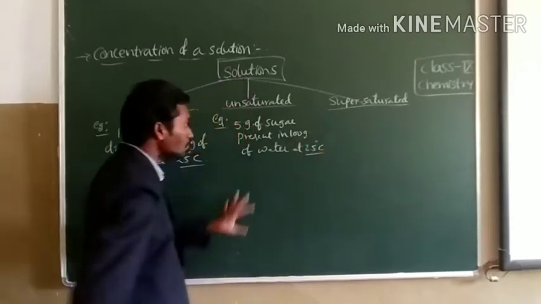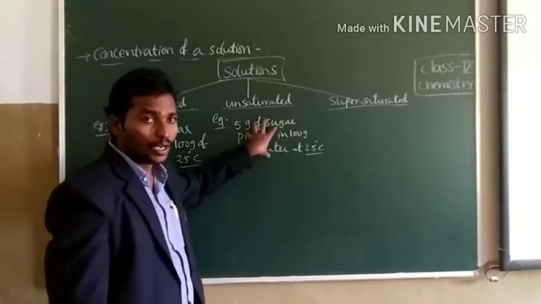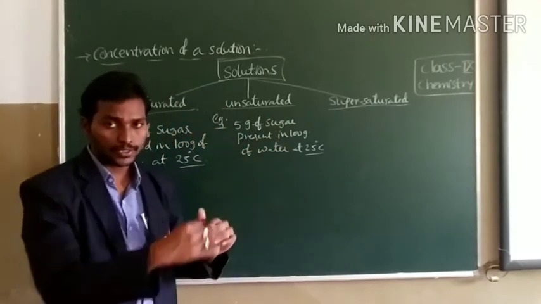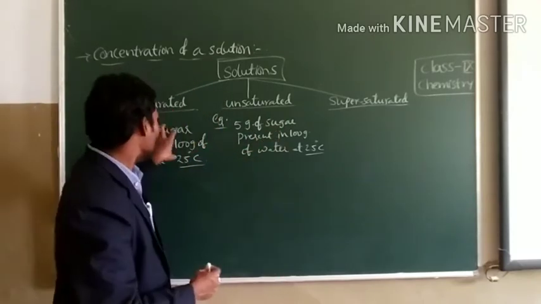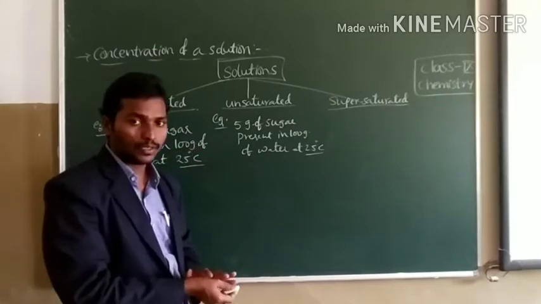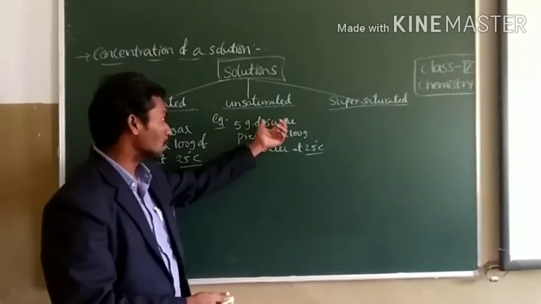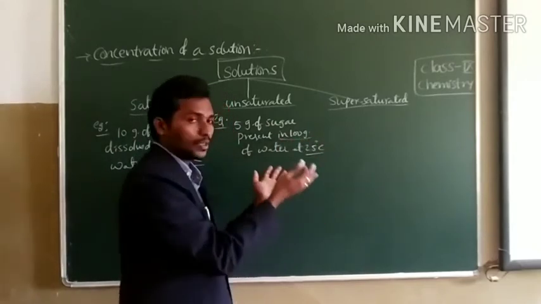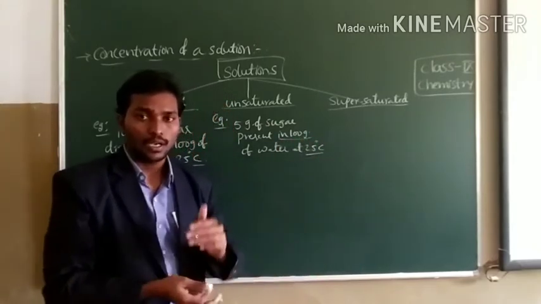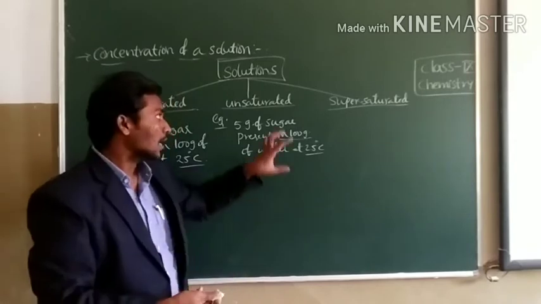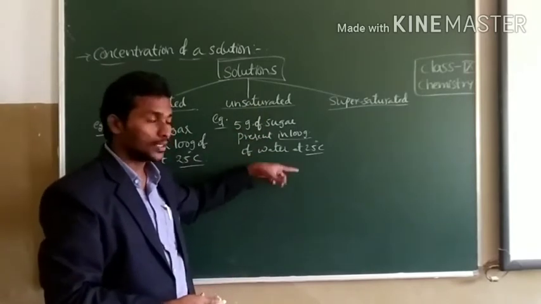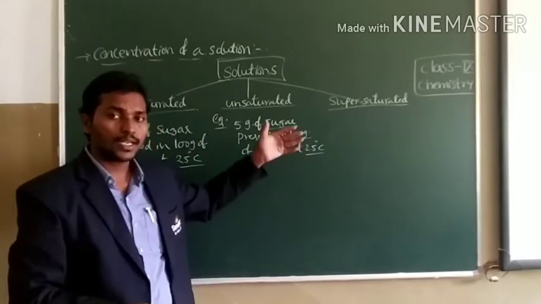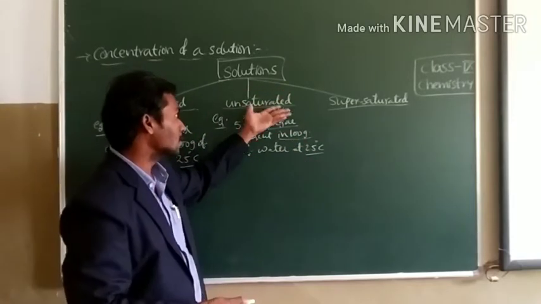This is an example of an unsaturated solution because we discussed earlier that the saturation level is 10 grams of sugar in 100 grams of water at room temperature. So when 5 grams of sugar is dissolved in 100 grams of water, it forms an unsaturated solution. What is the solute here? Sugar. It has less amount of solute than the saturation level.